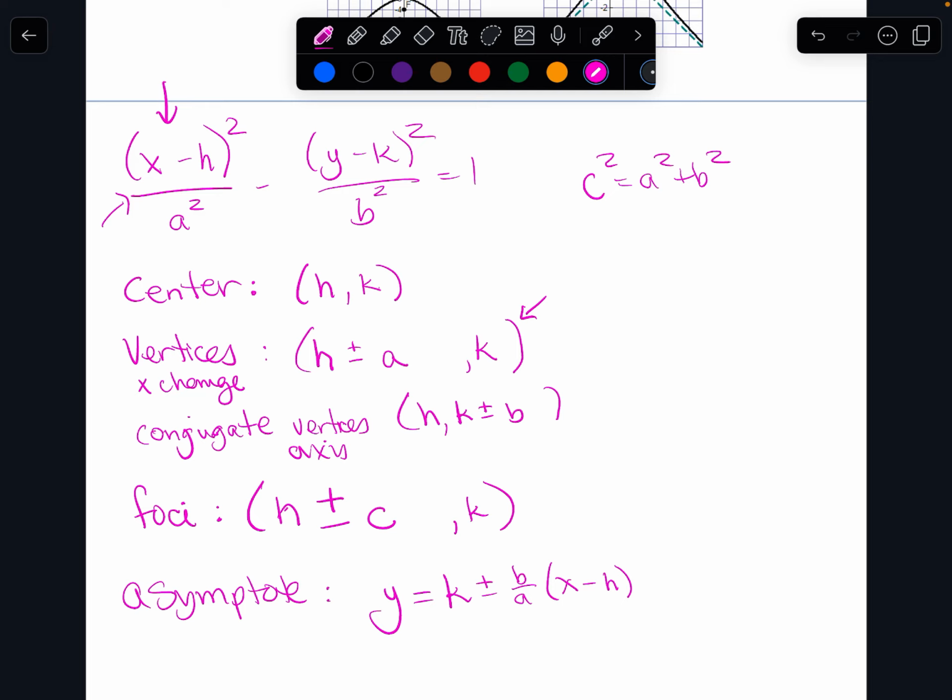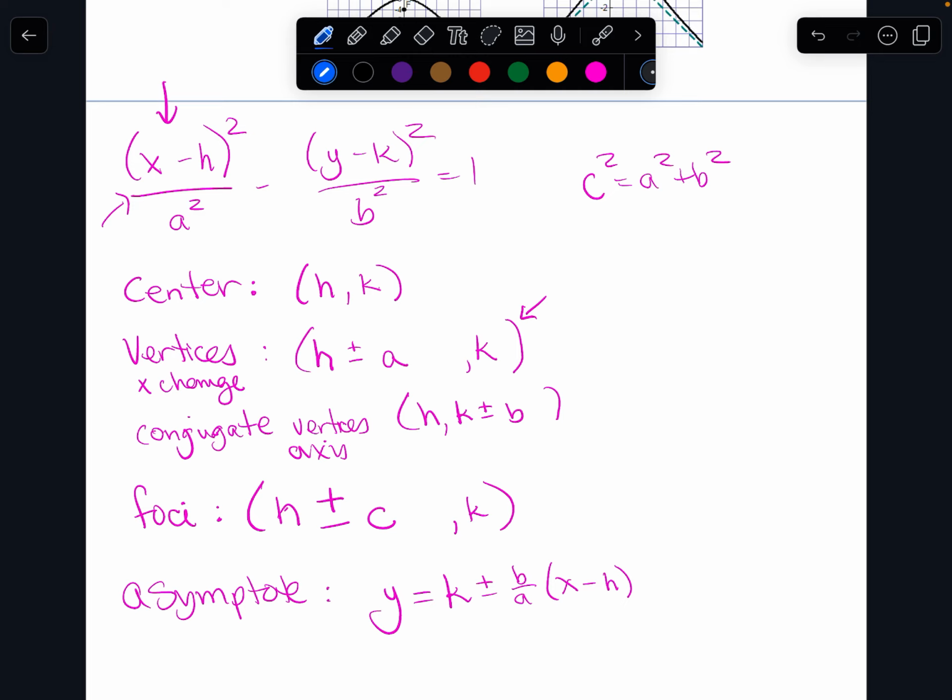And that comes from the point slope formula. Okay. Now, that's if the x comes first.